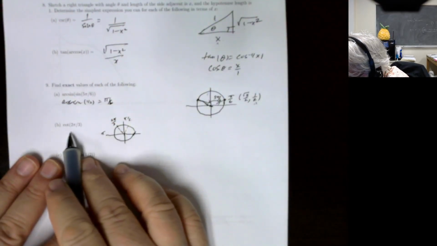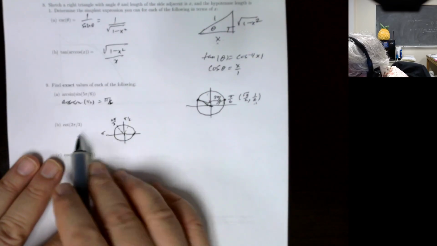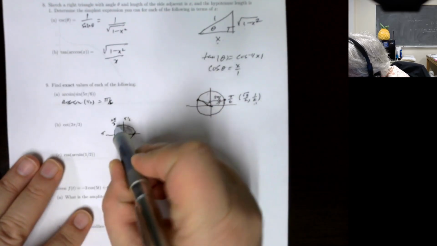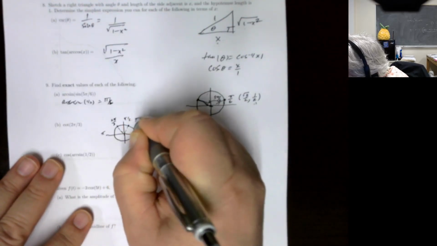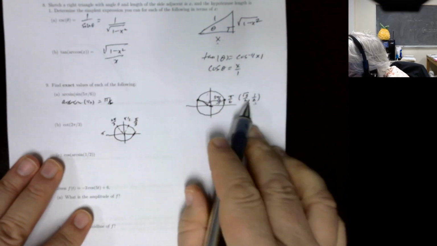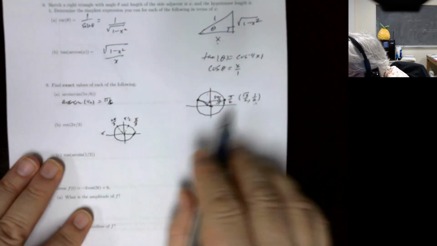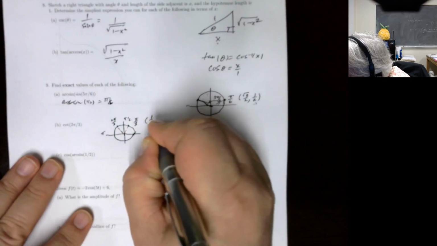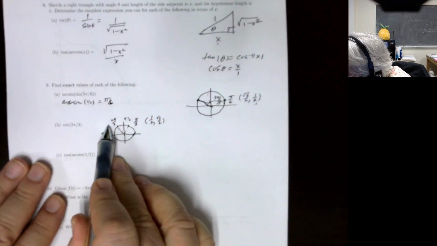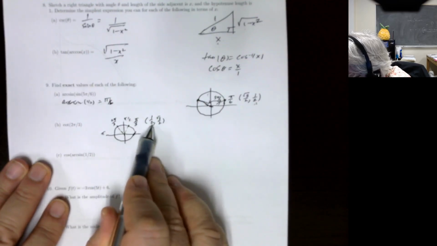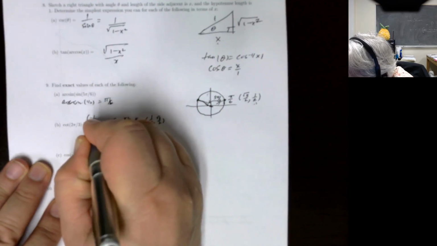And so the cotangent is 1 over the tangent. Oh, by the way, what are the coordinates of this point right here? What are the coordinates here at pi thirds? That's the coordinates here, but just reversed. So that would be 1/2, square root of 3 over 2. But then when you bring it over to this side, what happens? The x coordinate becomes negative, so that's minus 1/2, square root of 3 over 2.